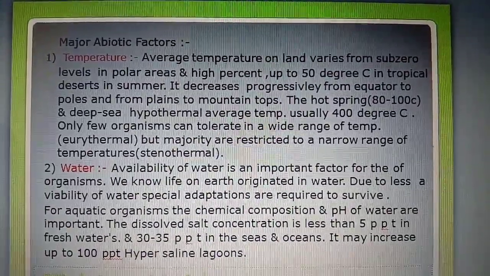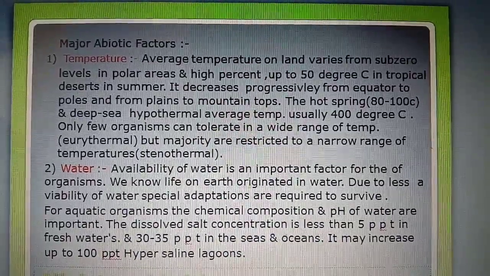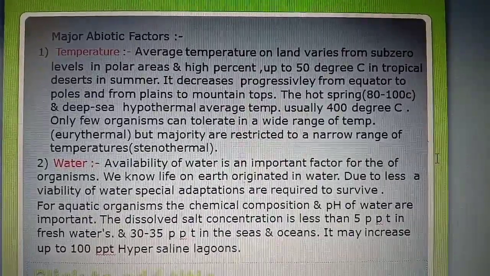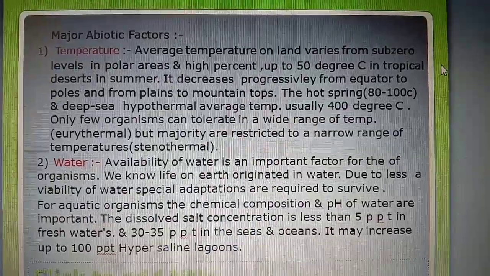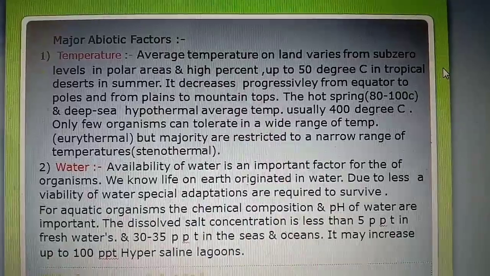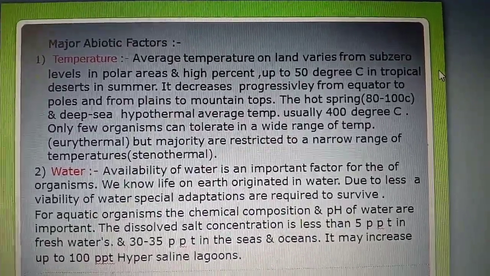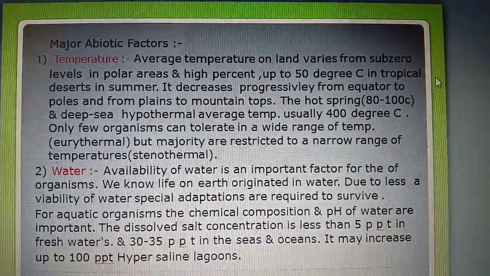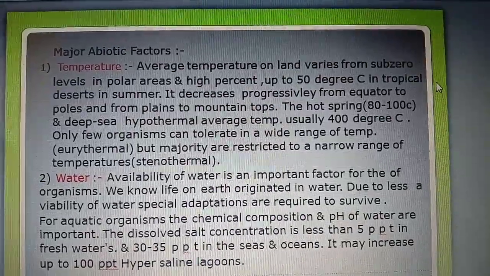The first point is temperature. The average temperature on land varies from sub-zero levels in polar areas to as high as 50 degrees centigrade in tropical deserts in summer. These temperatures vary from area to area.